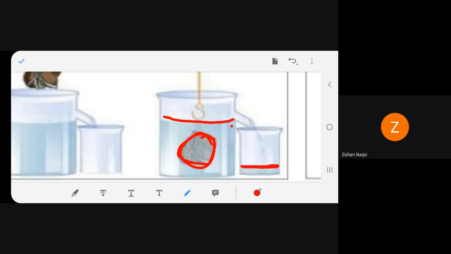If I measure this much liquid, I will find out this much water is displaced by the stone. This is the water displaced by the immersed object, that is the stone. So when you put a stone, the water displaced is collected and measured, and we can say this is the water displaced by the object. Any problem?